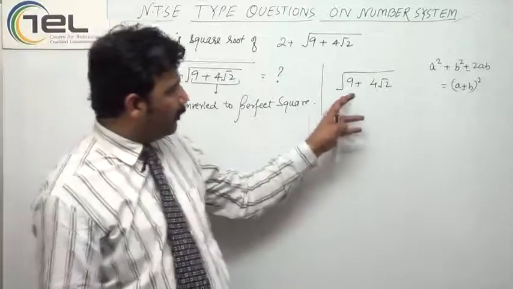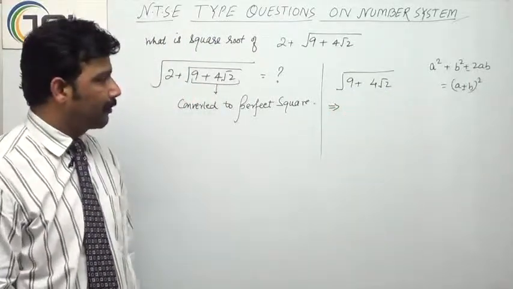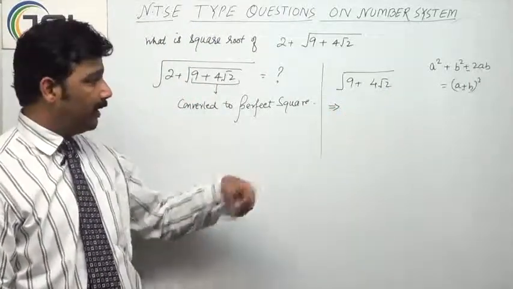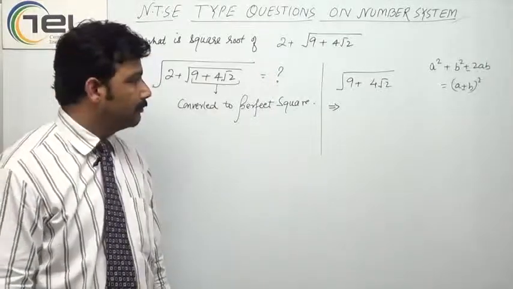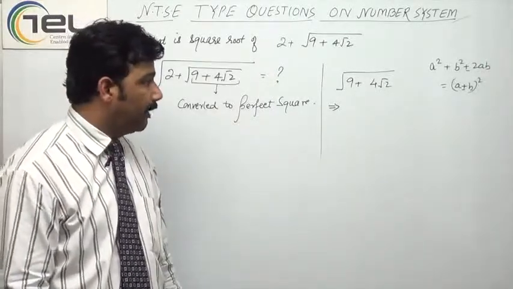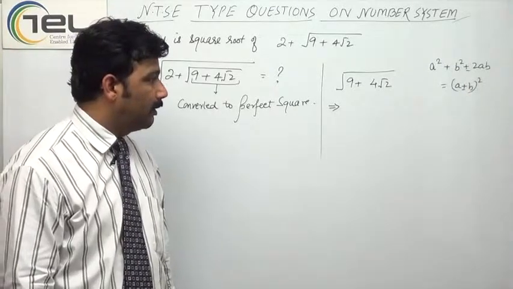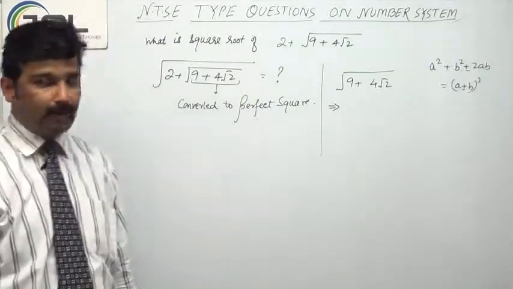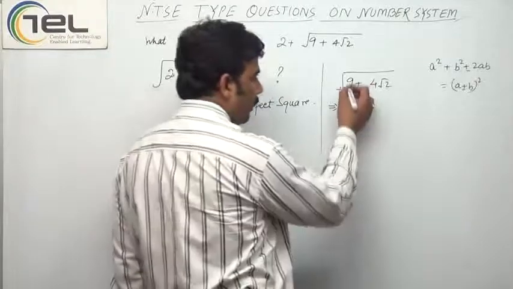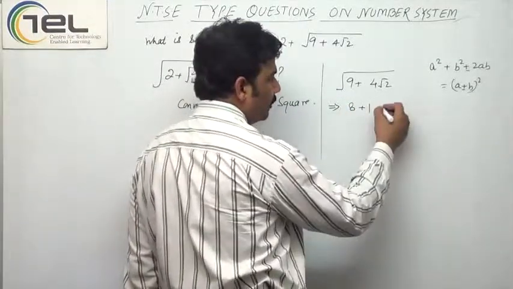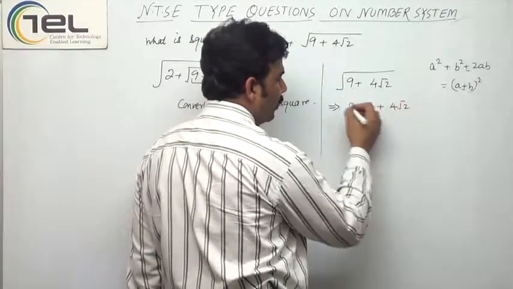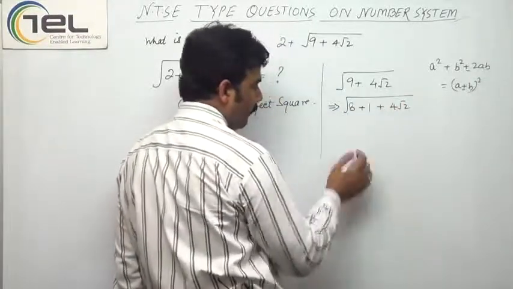So am I having any perfect square? No. Now, can 9 be written as a sum of 2 squares? Let me check whether it can be written or not. Okay, can 9 be written as 8 plus 1, plus 4 root 2, and it is under root?